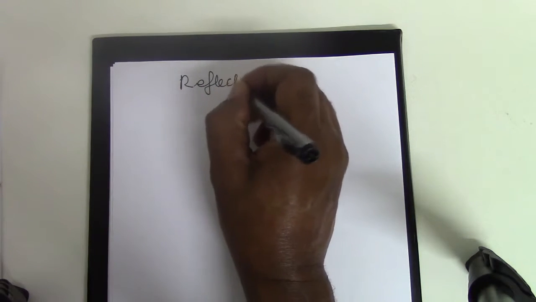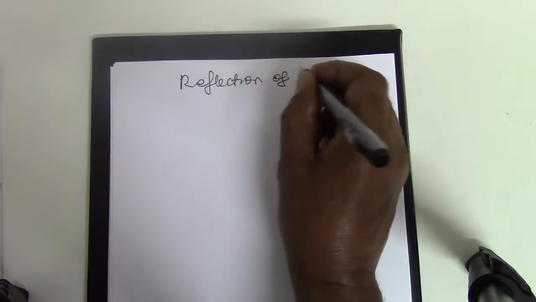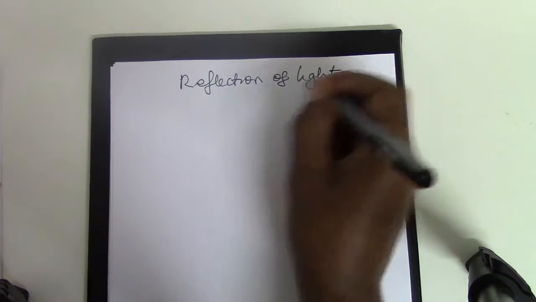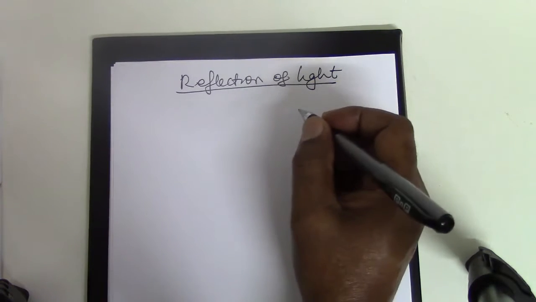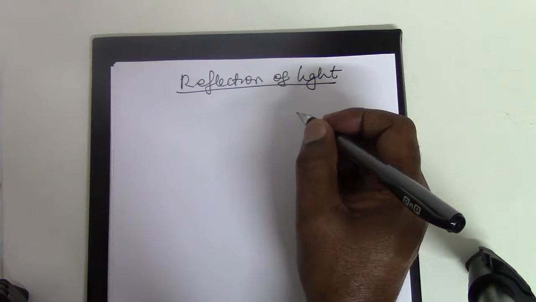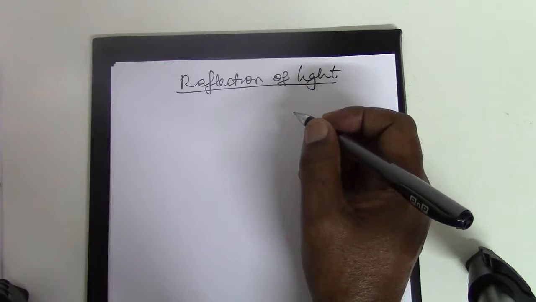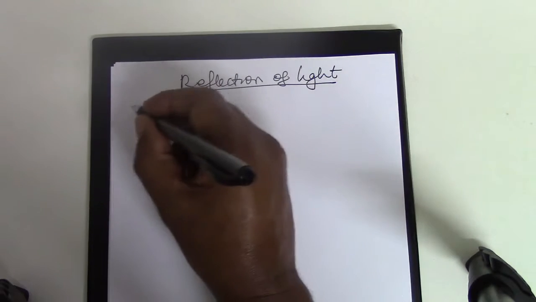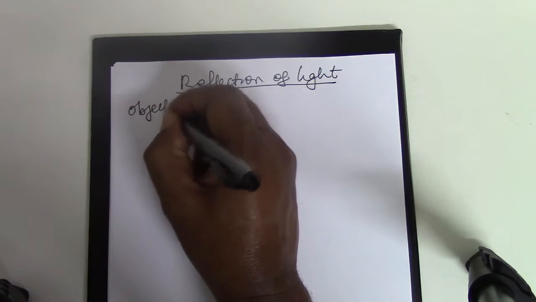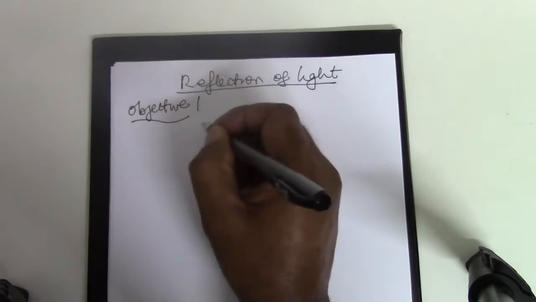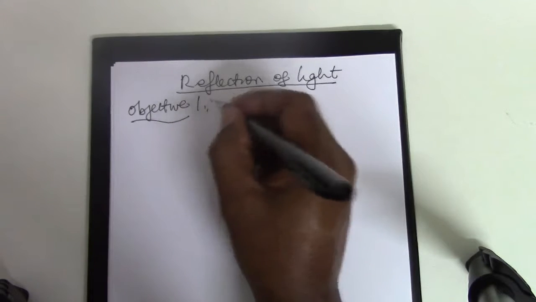reflection of light. Our previous lecture was about lenses, but still falling under refraction. Now, in this lecture 4, our main objective, or objective number 1, is as follows.